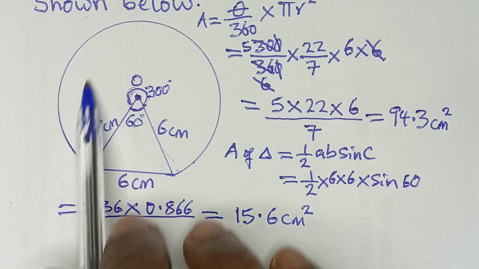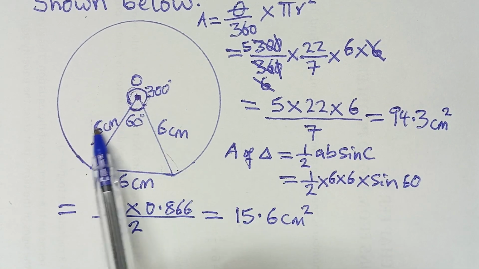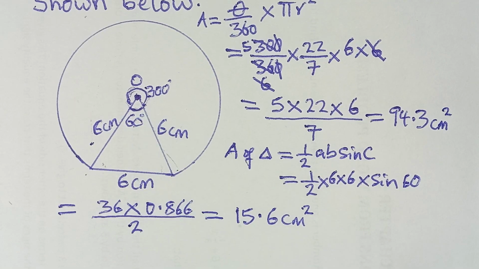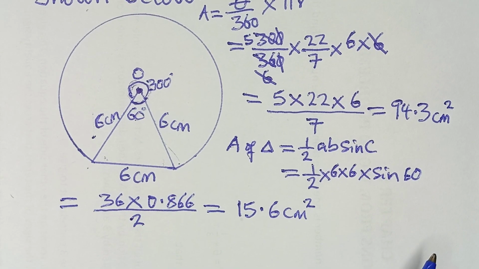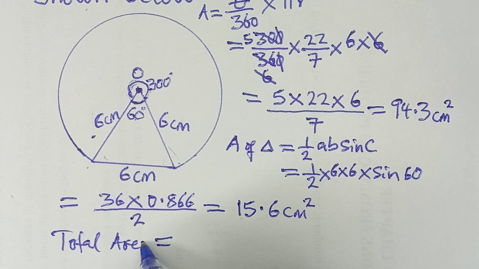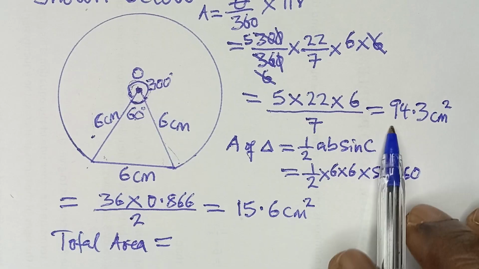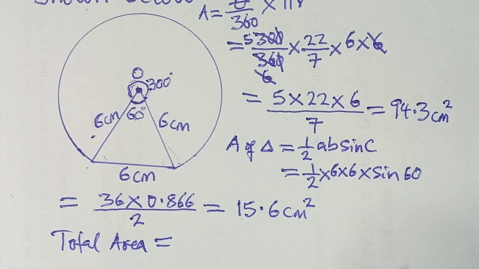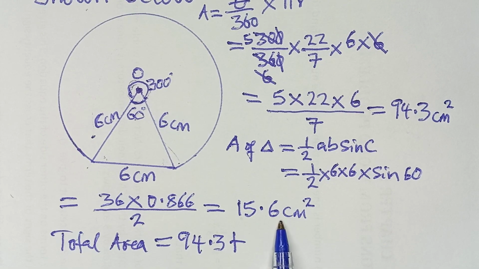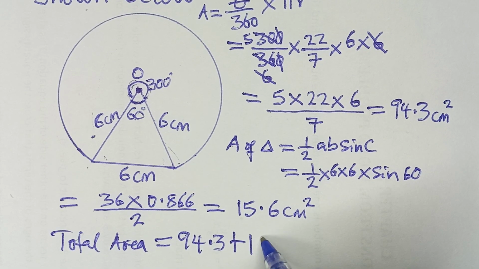Now, the full area of the shape will be the area of the sector added to the area of the triangle. So we can now obtain the total area of the shape. The total area will be equal to the area of the sector, which is 94.3, added to the area of the triangle, which is 15.6.